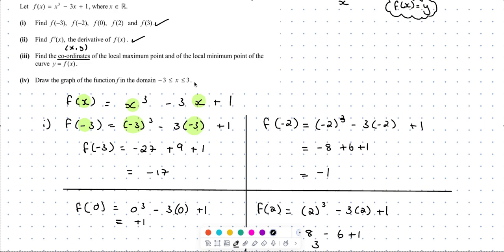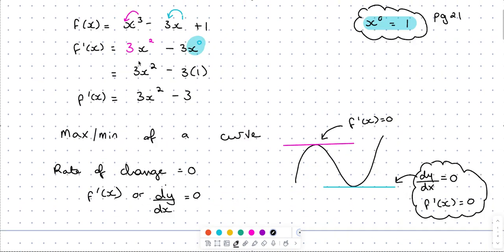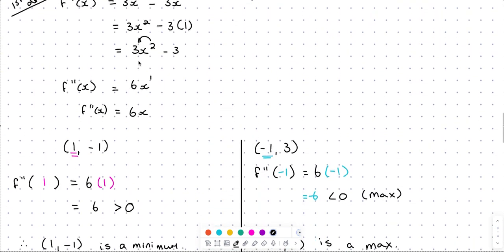Now, the beautiful thing about this question is that we've already figured out all of the values that we need to plot, because at the start they got us to fill in minus 3, minus 2, 0, 2 and 3. In the process of answering this question, we also figured out 1 and minus 1. So all we have to do now is make a little summary table for myself before I plot it.